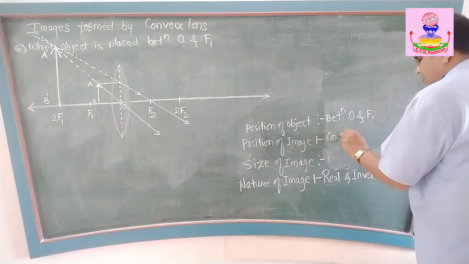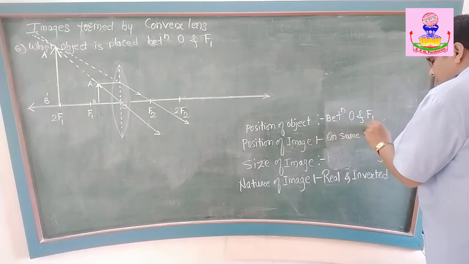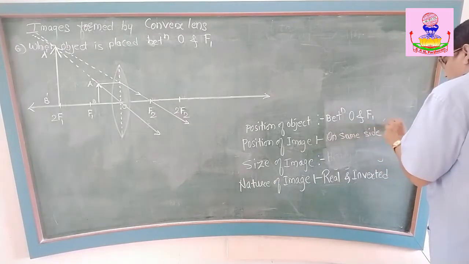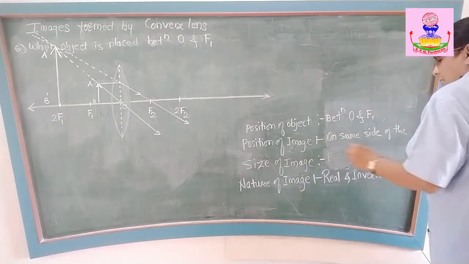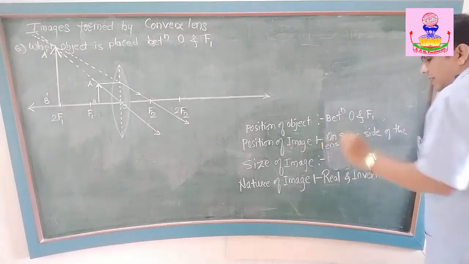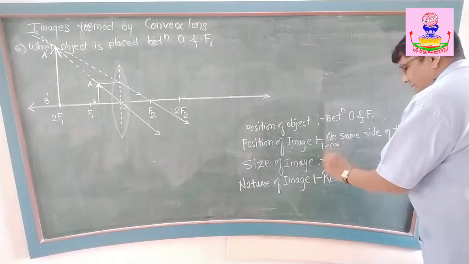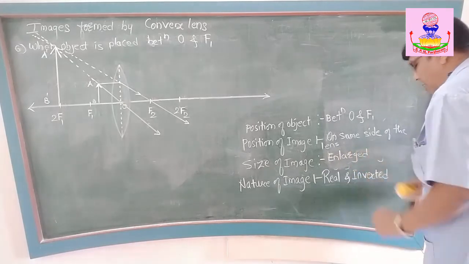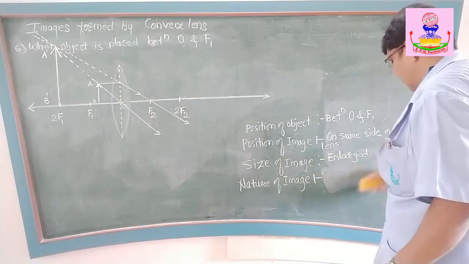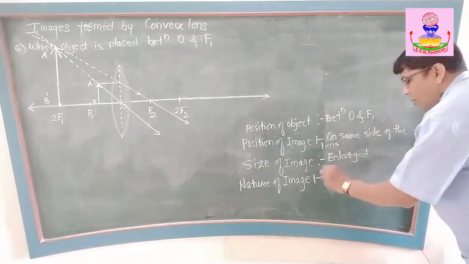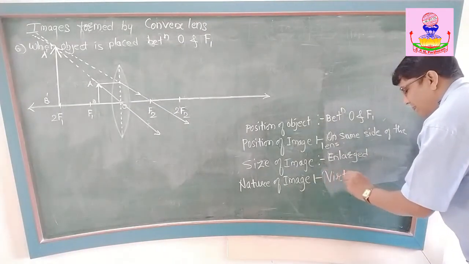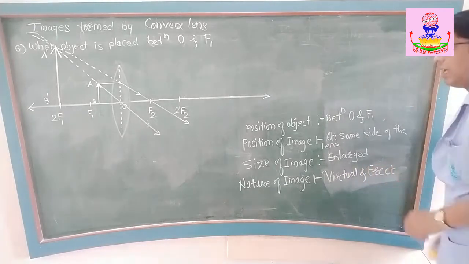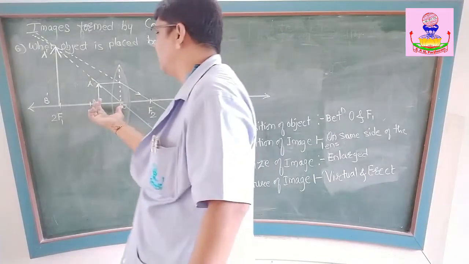Position of image on the same side of the lens. Size of image enlarged. Now, nature of image, for the first time it will change. What is it? Virtual and erect.